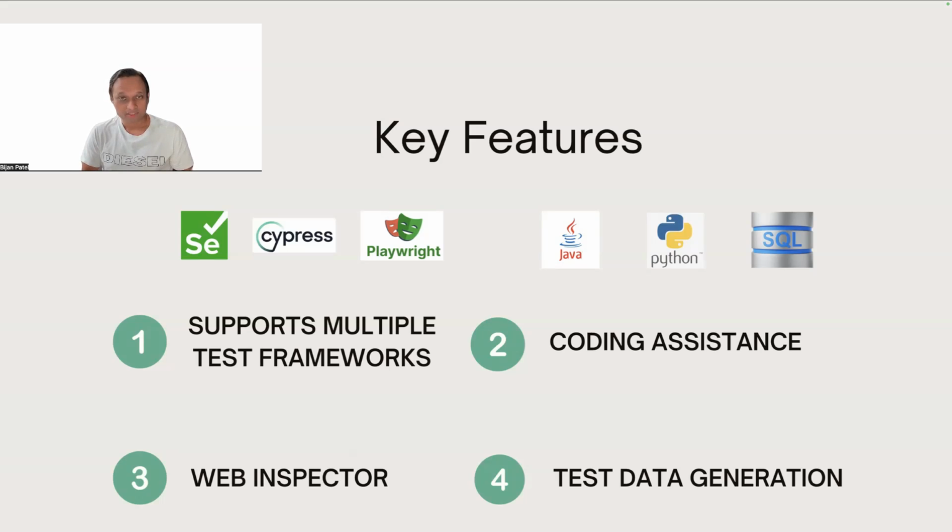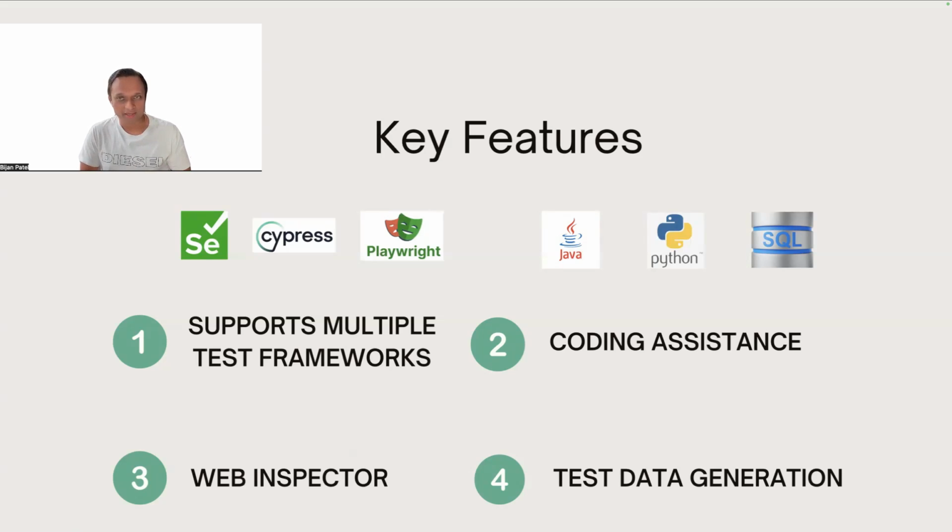Then there is another feature which is pretty useful, especially for test automation, which is the test data generation. Now you can generate different types of test data inside this particular IDE without going outside and looking for any other tools in order to generate any test data. So these are some of the most powerful features of IntelliJ Aqua, but there are a lot more features.